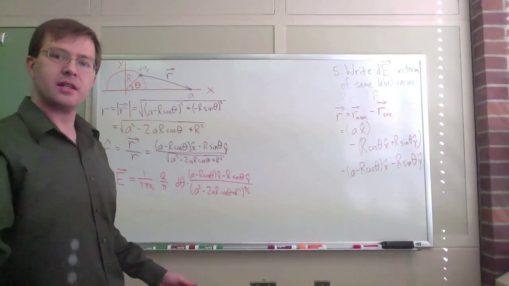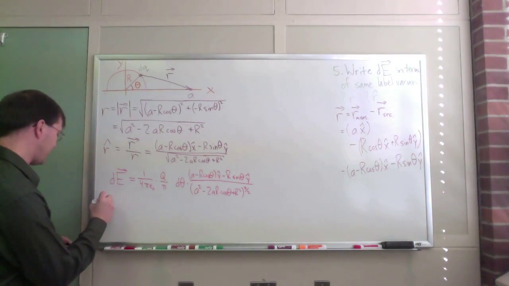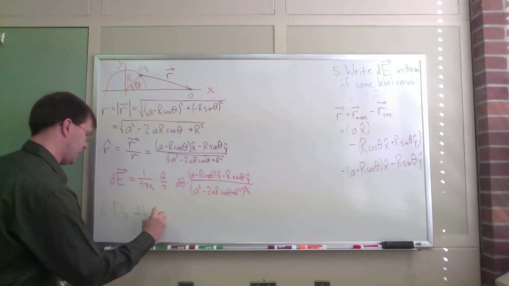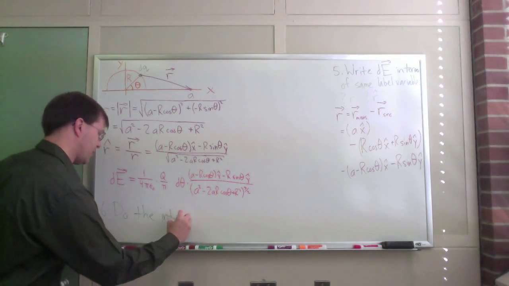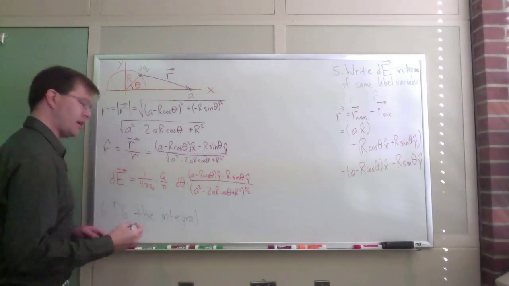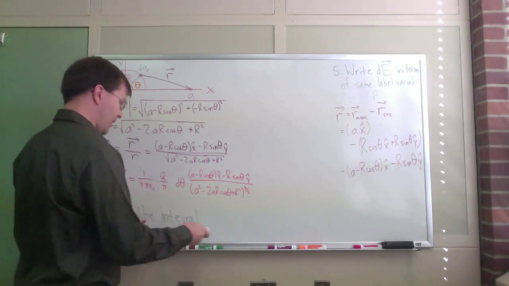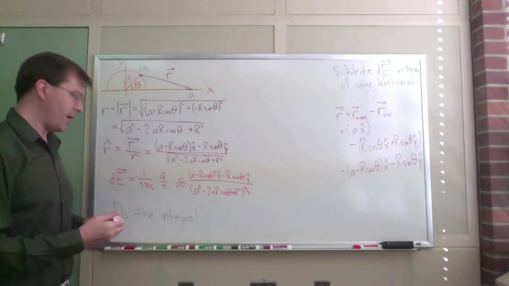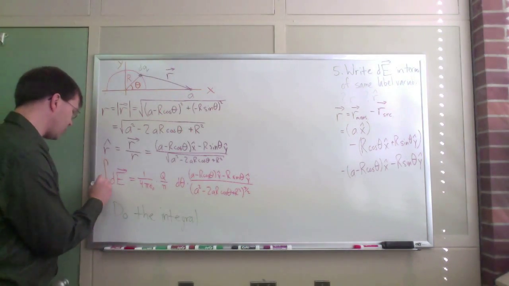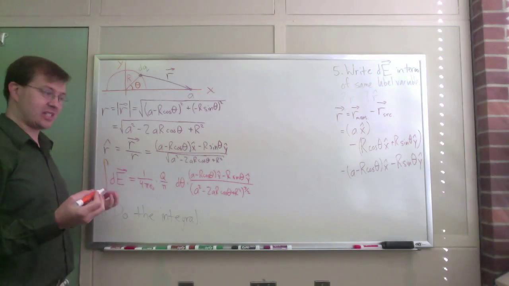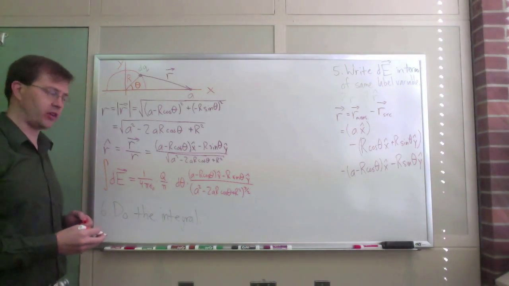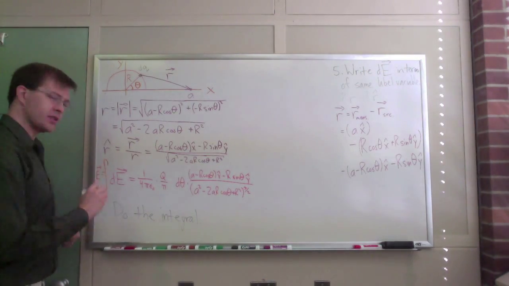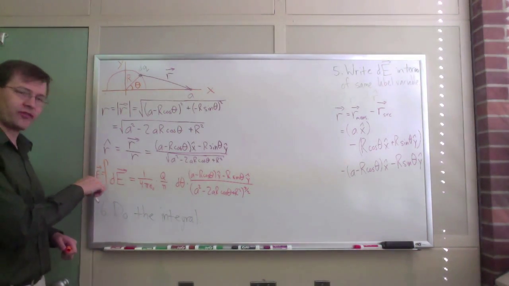Step 6, it turns out, is do the integral. So in particular, that means that I should come in here and say, cool, I'm going to integrate both sides. Integral dE is just the electric field. This will be the total electric field on this side. The total electric field is the integral of dE.